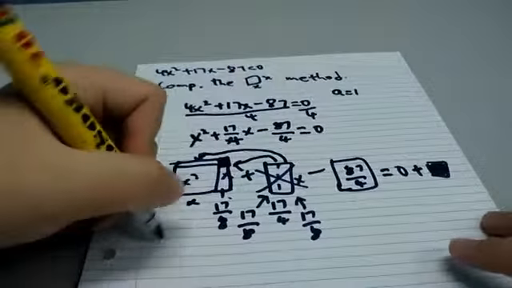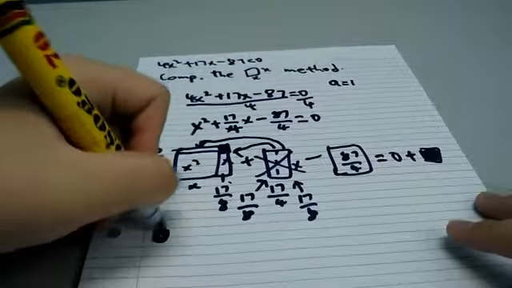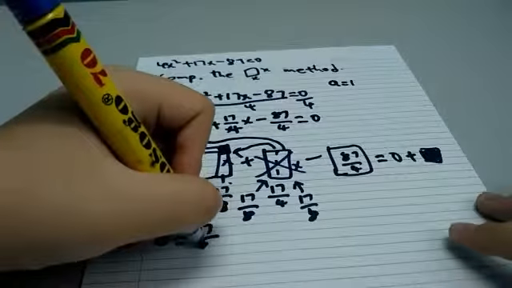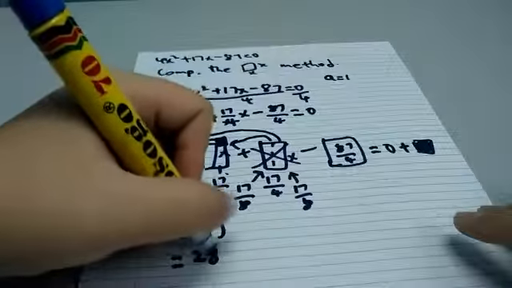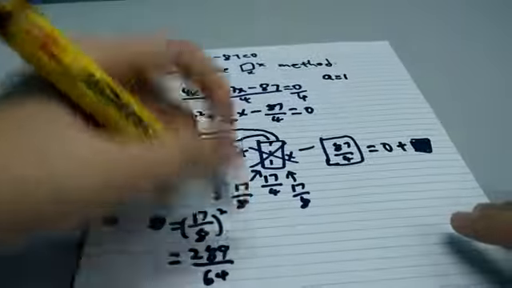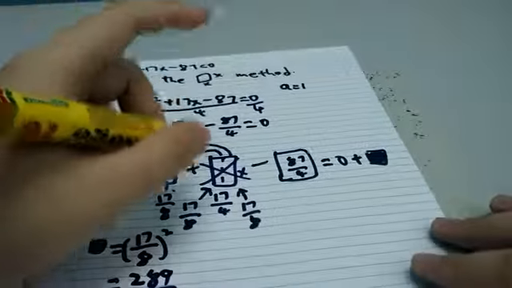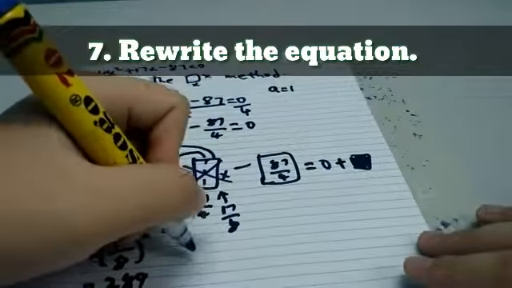So the area of this small square is equal to 17 over 8 squared, which is equal to 289 over 64.